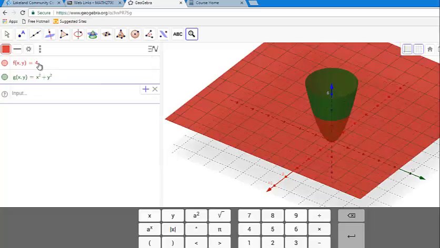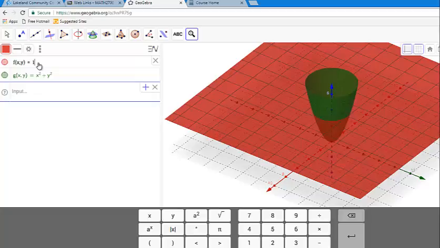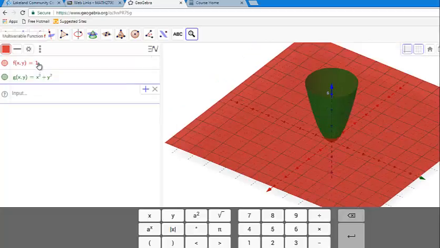Now it's lower, right? And so you can see that the plane intersects the curve in a circle of radius 2. Or if I say, hey, I'm going to change that again to 1, right?